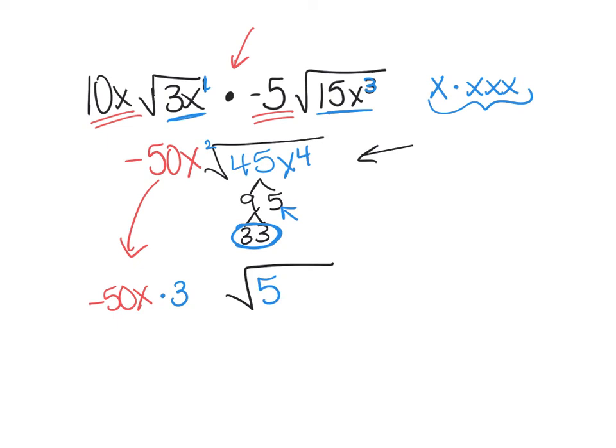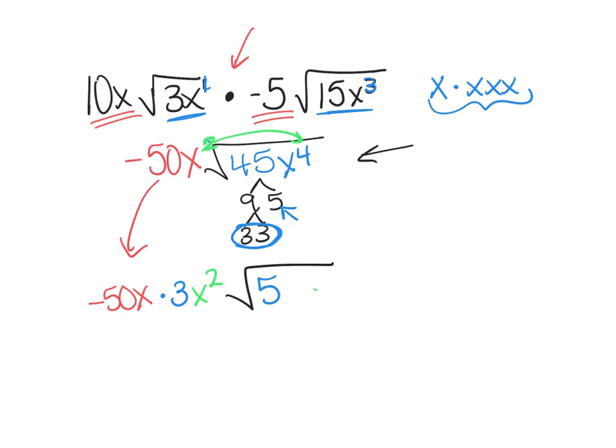And then remember, when it comes to variables, you're using your index and asking, how many times does 2 go into 4? Well, 2 goes into 4 2 times with none left over. So there are no x's left underneath the radical.